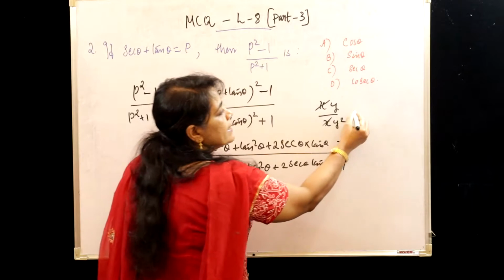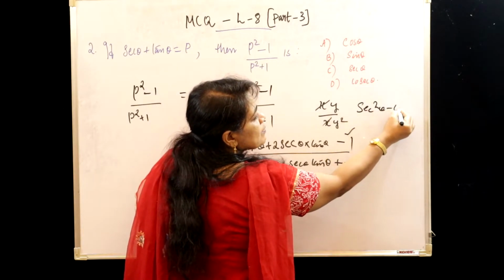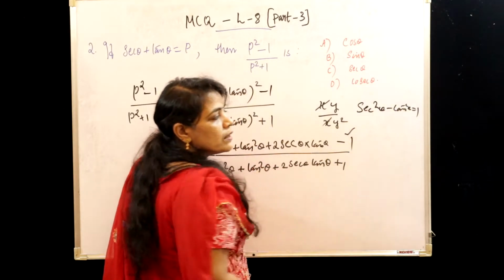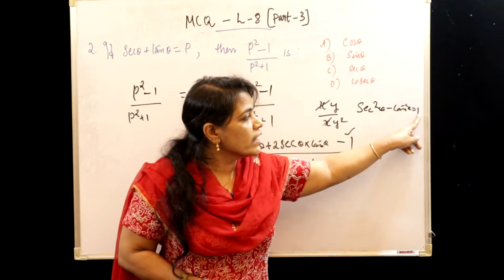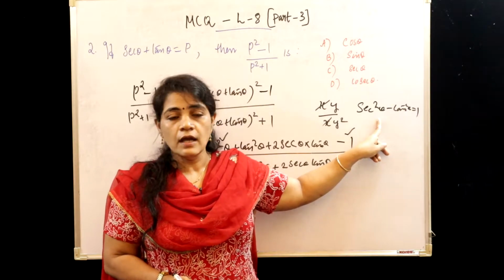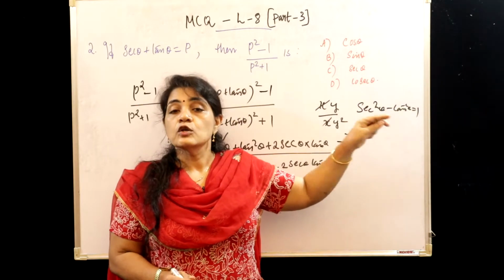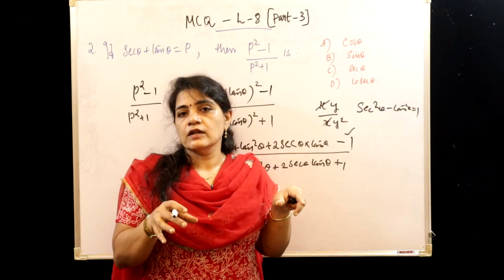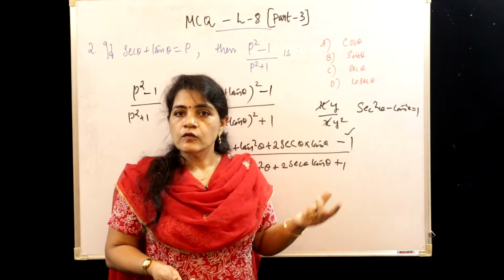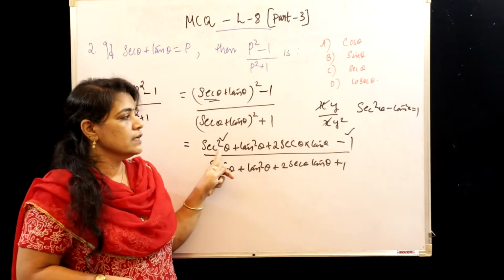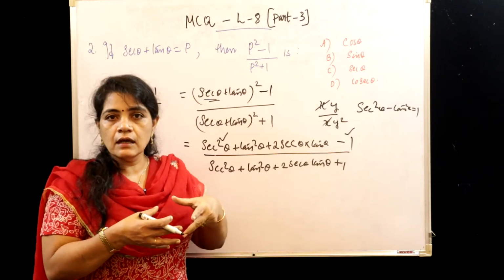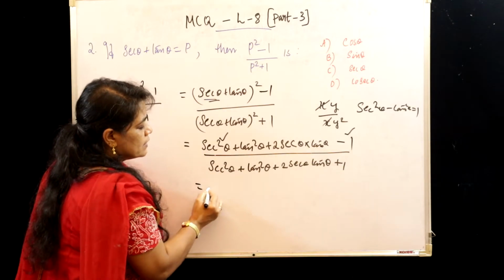We have an identity, sec square theta minus tan square theta equal to 1. If you take this 1 to the LHS as minus 1, and minus tan square becomes positive tan square on the RHS. So tan square is sec square theta minus 1. So we have these terms, sec square theta minus 1 together. You can write tan square theta.